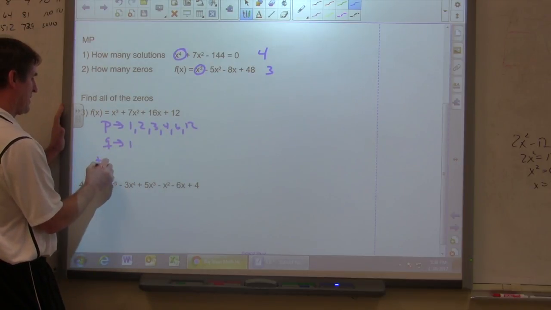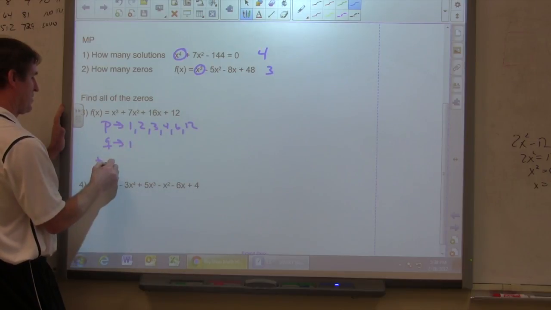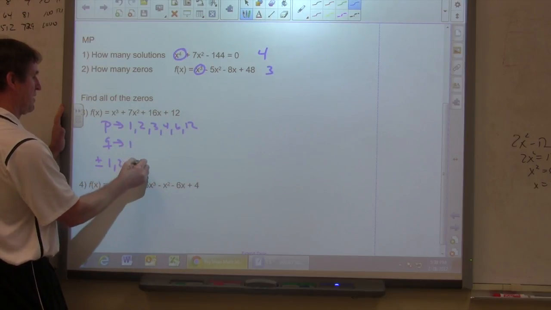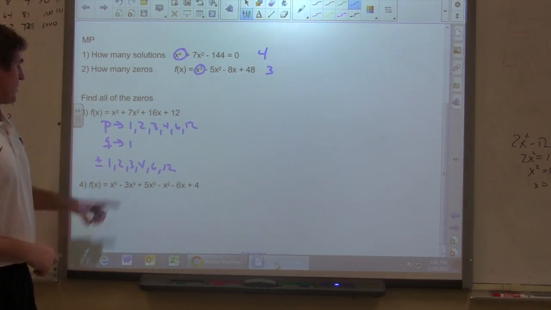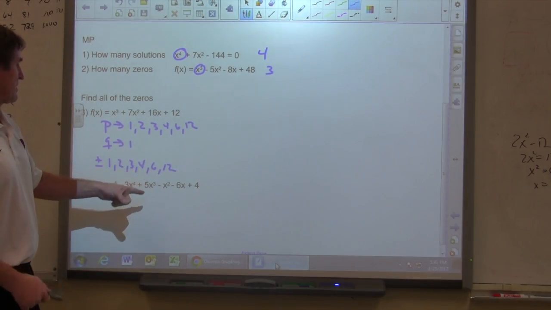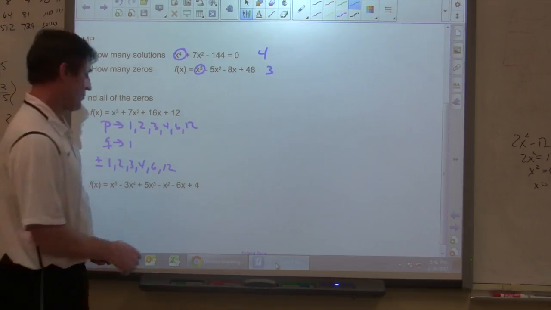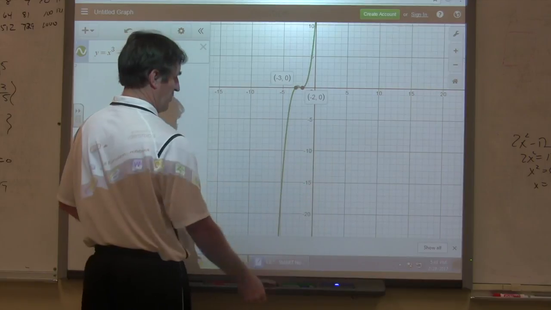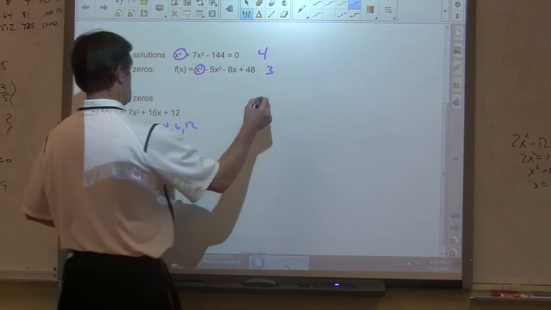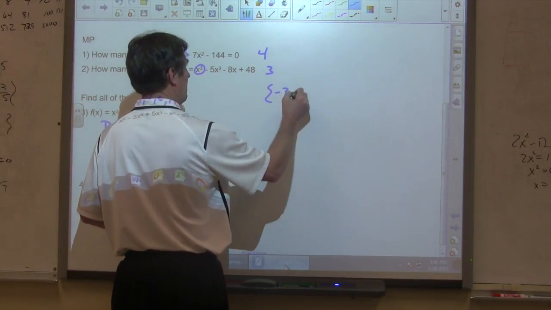So our possibilities are plus or minus these over 1: 1, 2, 3, 4, 6, and 12. So now that we've found our possibilities, we have 3 zeros. We go to the Desmos calculator, type the equation, and we have one answer at -3 and one at -2. So our answers we know we have are -3 and -2.